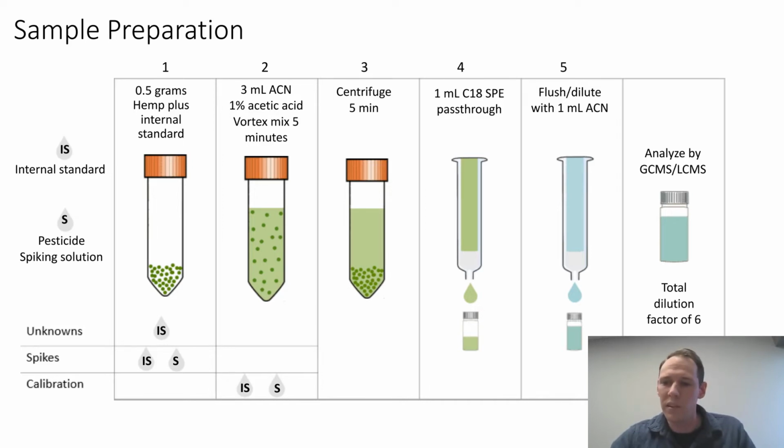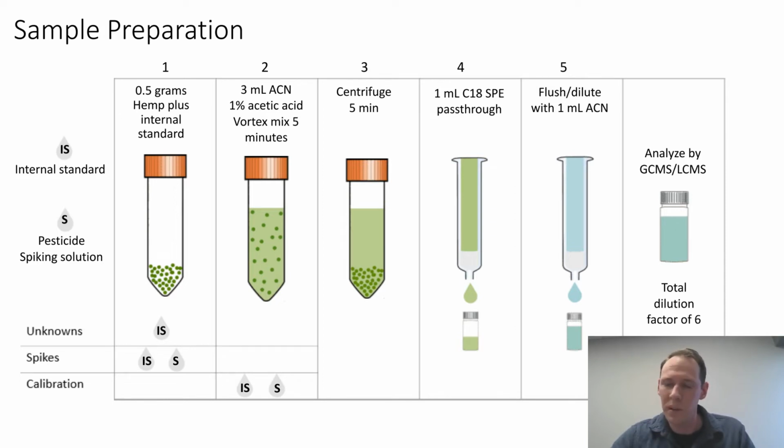After vortex mixing and centrifugation, the extract is cleaned up using a C18 solid phase extraction pass-through cartridge. The cartridge is then flushed with an additional 1 milliliter of acetonitrile, and that final diluted and cleaned extract can be analyzed directly by LCMS and GCMS.